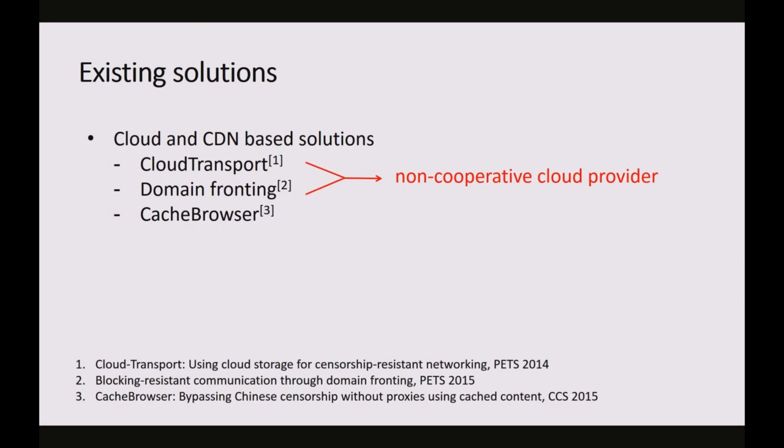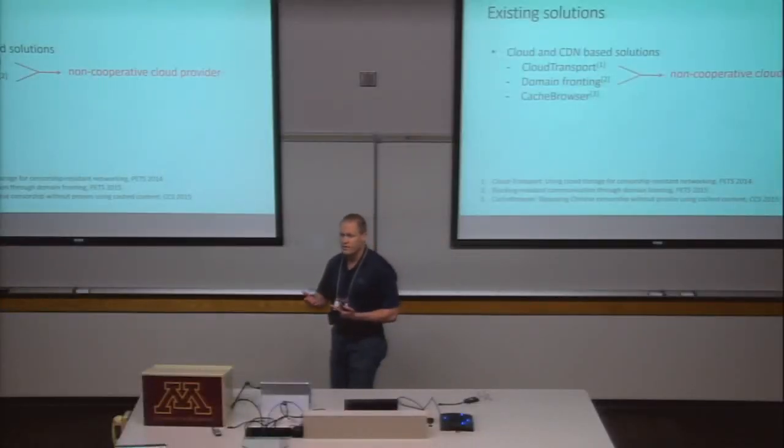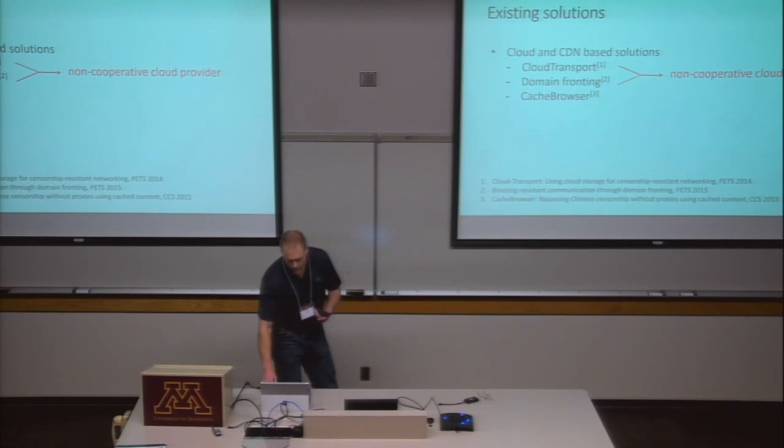The perspective we're going to take in this talk is to ask the question, if the cloud provider was willing to help clients access their tenant servers privately, what would it do? How would it best do it? So we're going to leverage the cloud as a partner here in this work. Another example in this space is something like Cache Browser, which is actually designed for a somewhat different threat model.